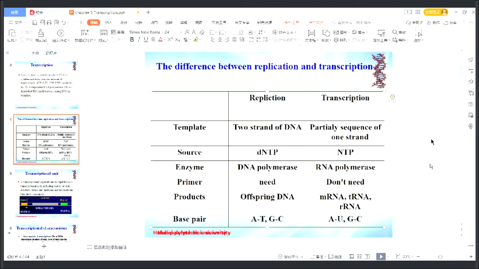Certainly, you can see here, I emphasize to all of you, DNA polymerase can't synthesize DNA straight from the beginning. DNA polymerase can only elongate the nucleotide sequence.